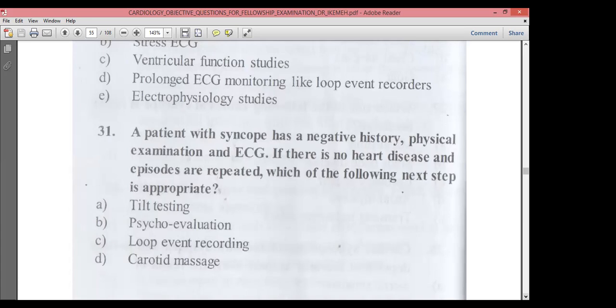So in this kind of patient, the correct answer is a carotid sinus massage. That is one of the things you may perform, and it may be diagnostic in elderly patients.